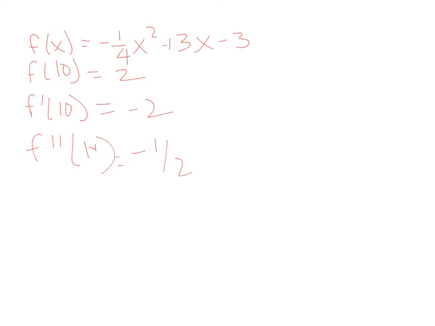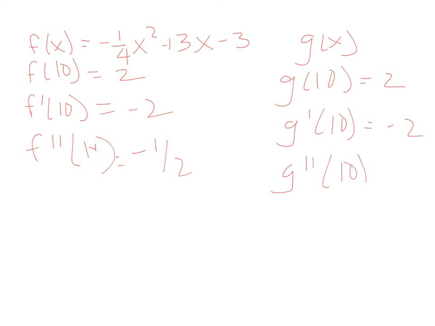Now I have targets. Because I know that my g of x, whatever it is, means that g of 10 must also be 2, g prime of 10 must be negative 2, and g double prime of 10 must be negative 1/2. So what's g? That's the part I have to figure out.